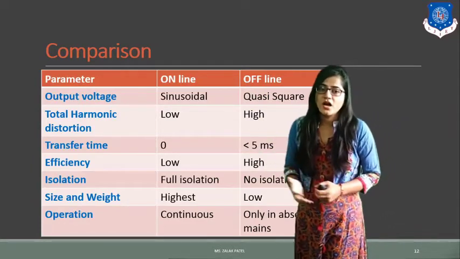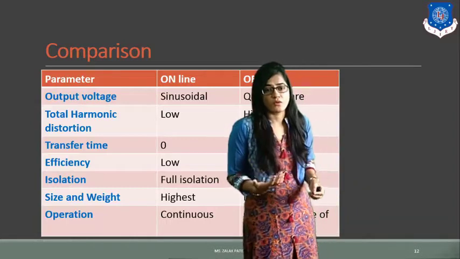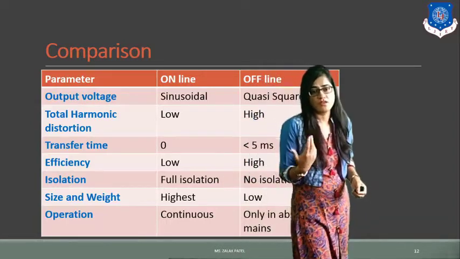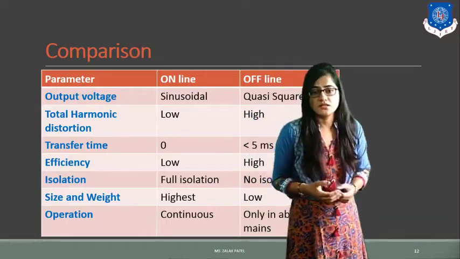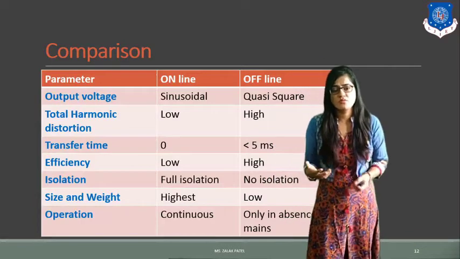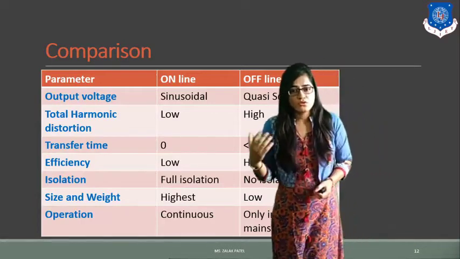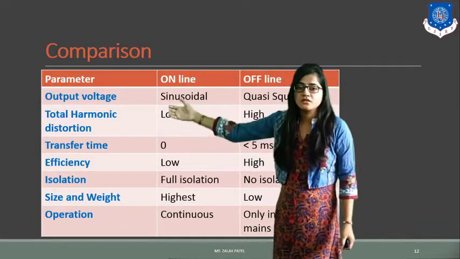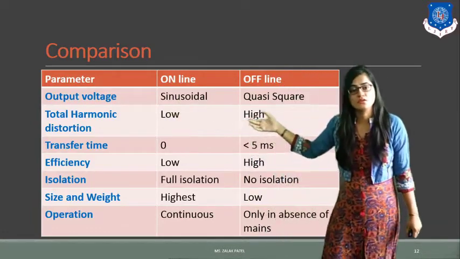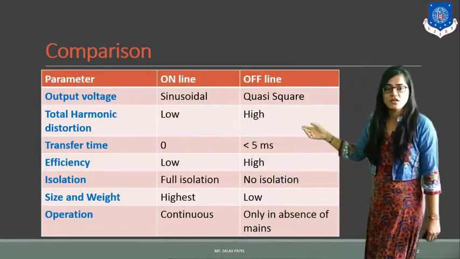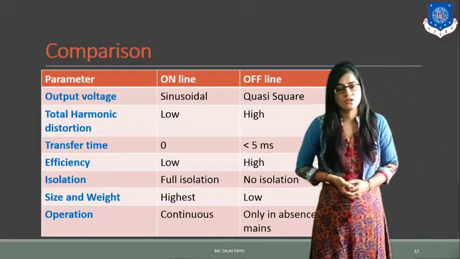If we talk about harmonic distortion, it is a factor that will degrade the system performance, so it should be as low as possible. In case of online UPS, the total harmonic distortion is low, while in case of offline UPS, total harmonic distortion is high.